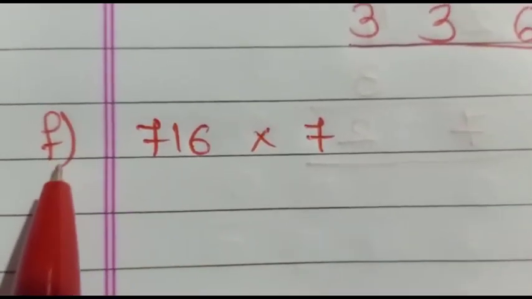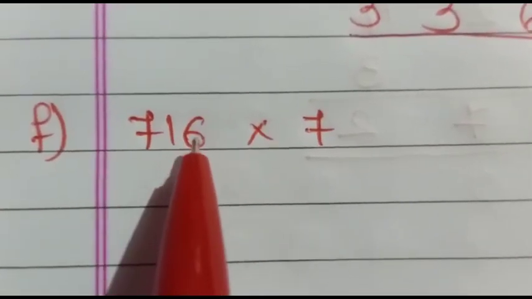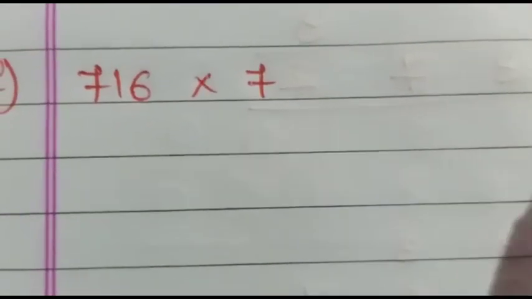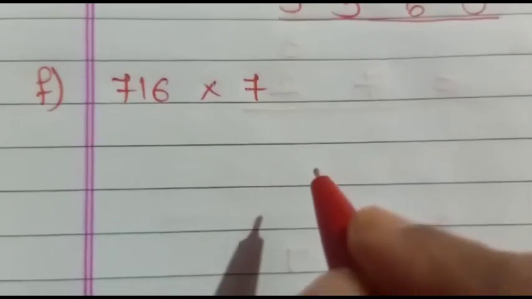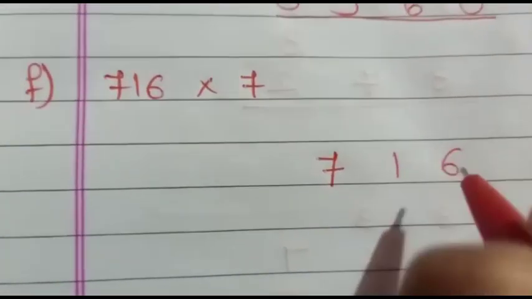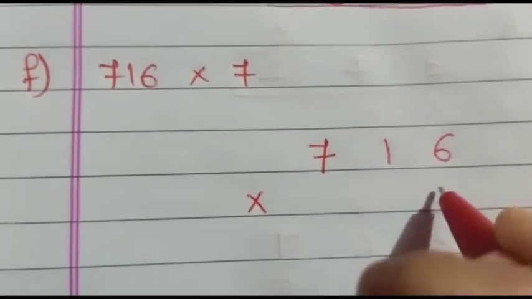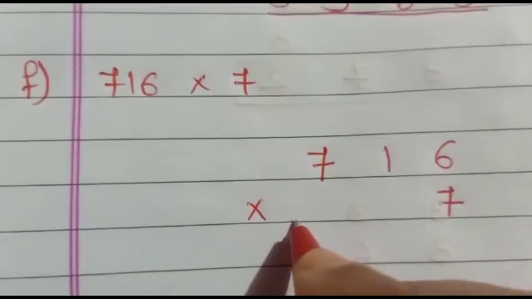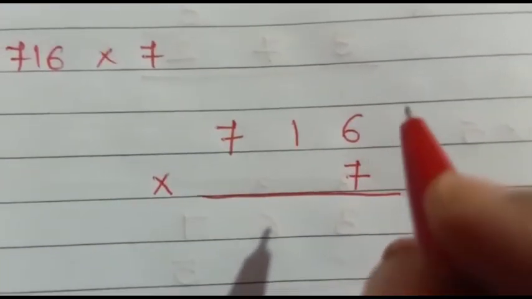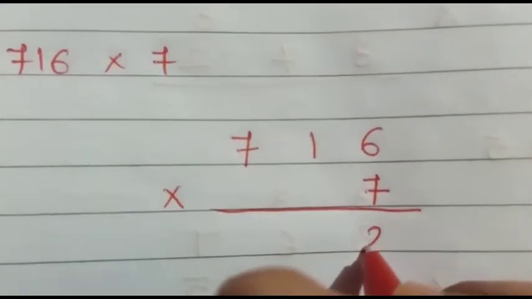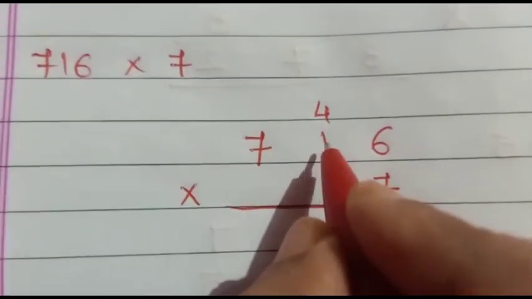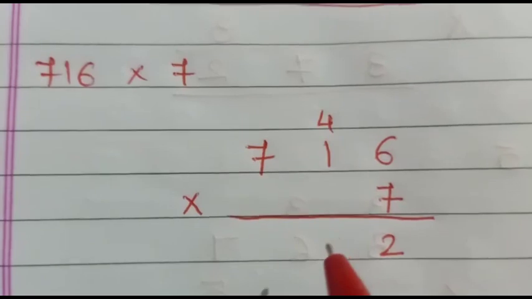Now students, we are going to learn the F1, that is 716 multiplied by 7. Okay, now let us see, that is 716 multiplied by 7. Okay, 7 6s are 42. So 2 you will write, 4 you will carry. 7 1s are 7 plus 4, that is 11.